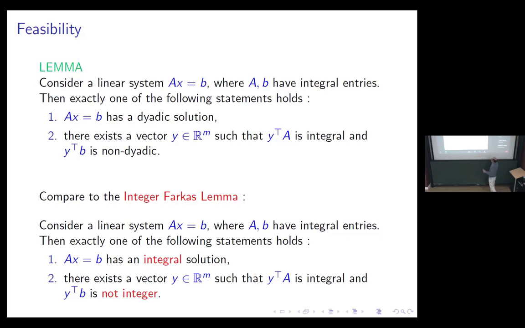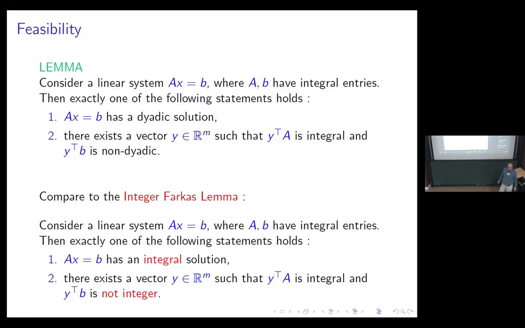Here we ask dyadic. Or there exists a vector Y such that, again, if you make linear combinations of the rows with this vector Y, you get an integral vector, but the same combination on the right-hand side gives you something that's not integer. So it's very reminiscent of the integer Farkas lemma.